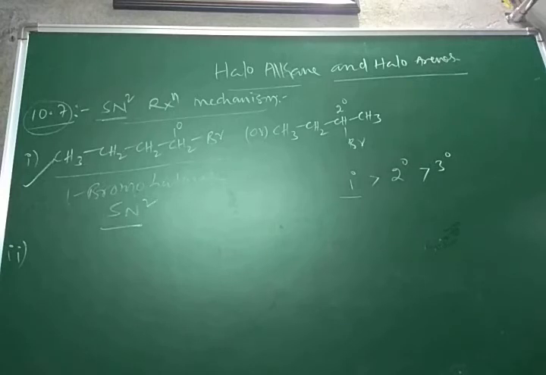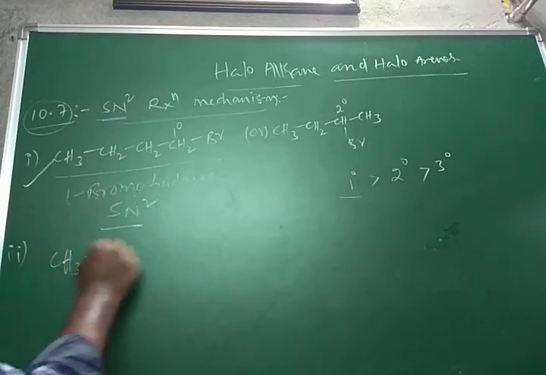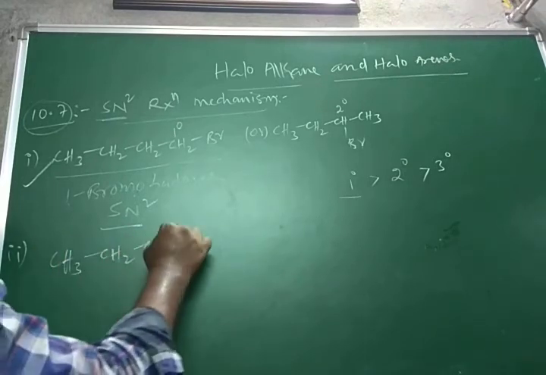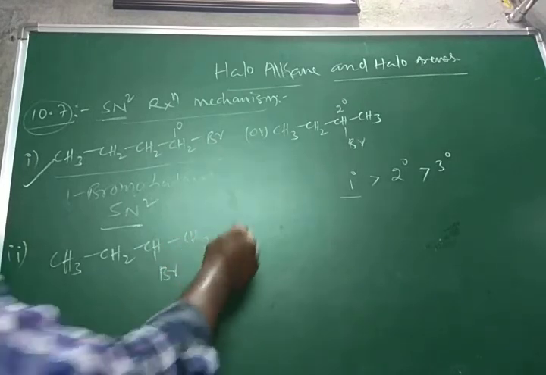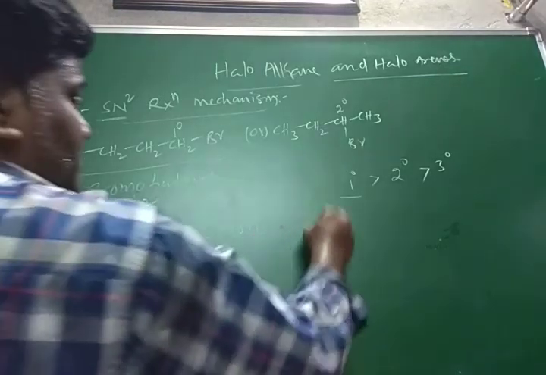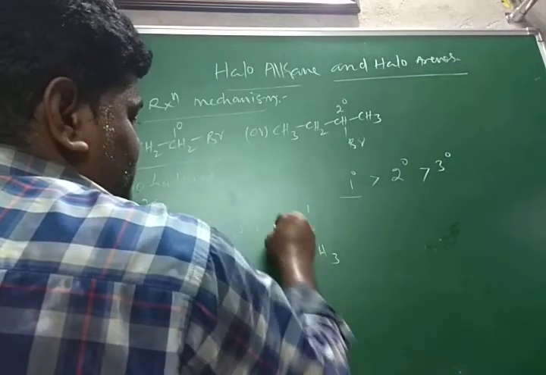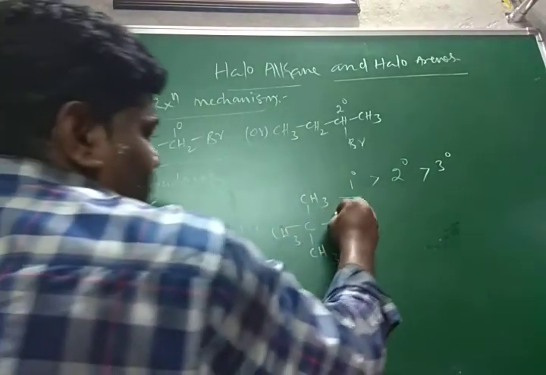The second question is 2-bromobutane, like that one, CH3 CH2 CH Br CH3, and the other one is tertiary butyl bromide, (CH3)3C with bromine.